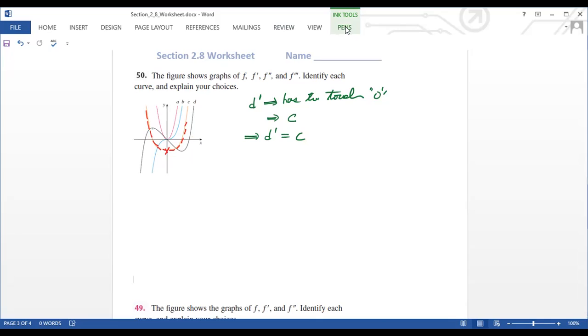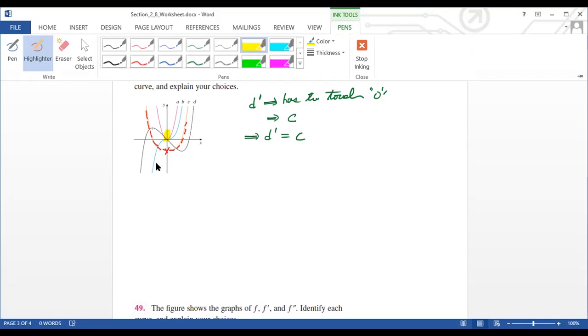That means the derivative of C has to touch zero here, and then it should start very negative, gradually rise, and then turn.